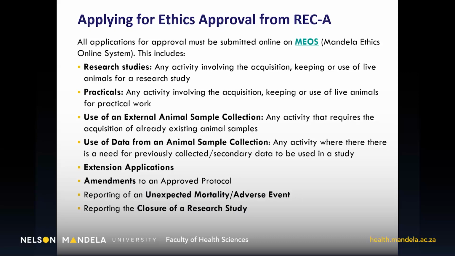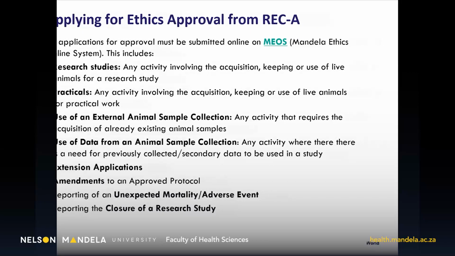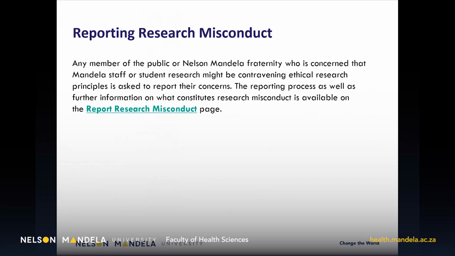The reporting of the closure of a research study. So basically what we are saying, it's similar to human ethics, but different. Here we work with animals who cannot talk back and who cannot respond back. So it's another way of looking at ethics. We also need to report research misconduct.